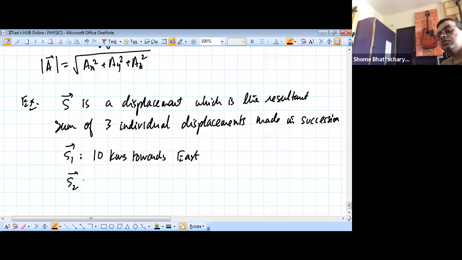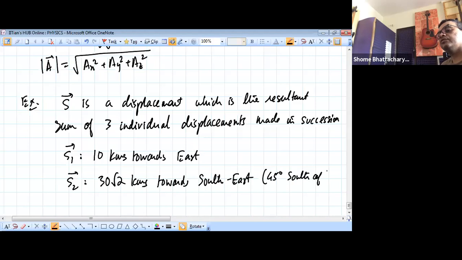S2 is the displacement of 30 root 2 kilometers towards southeast, that is 45 degrees south of east.